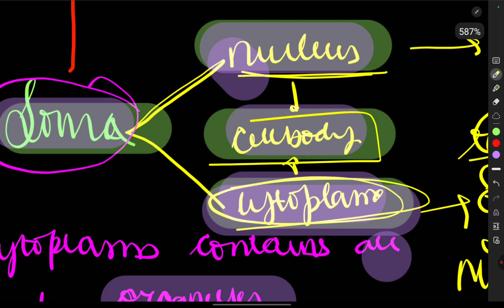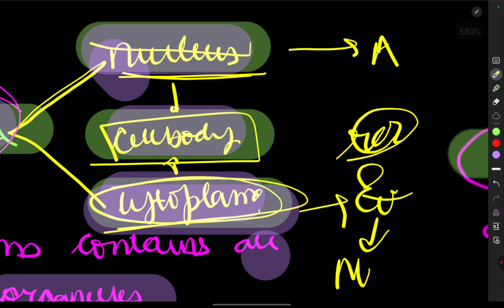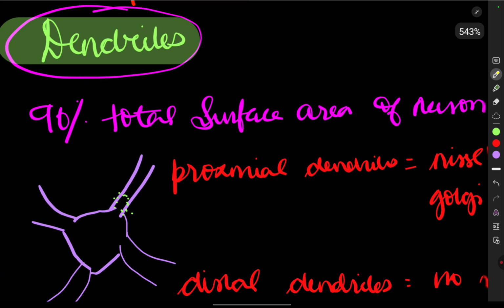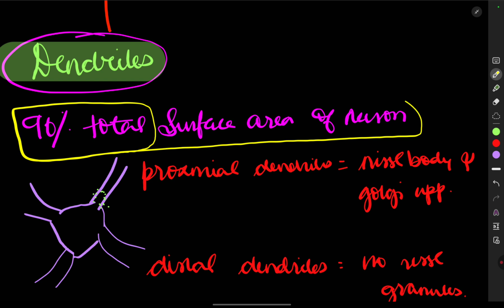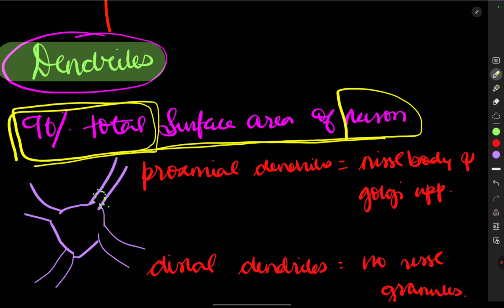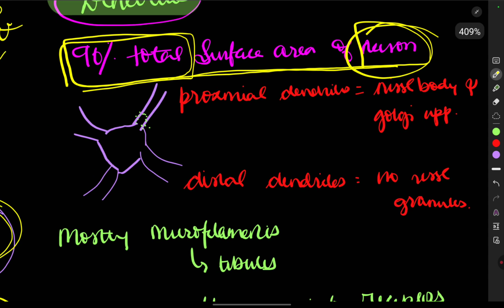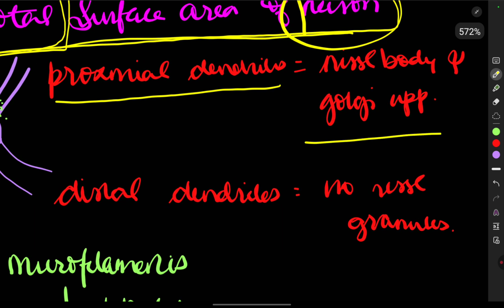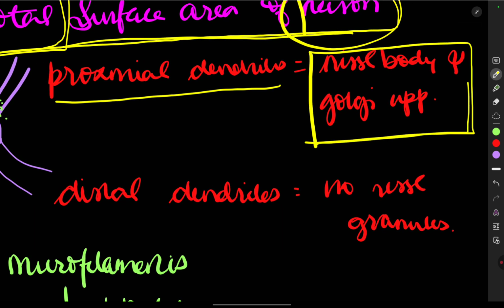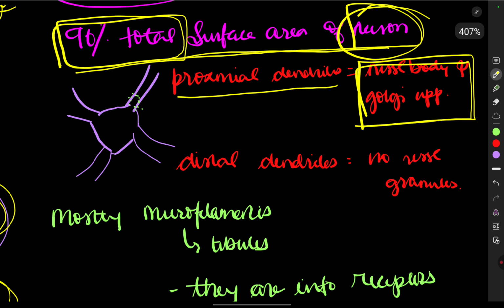It is the cell body made up of the nucleus and the cytoplasm. Now we're going to see what dendrites are. Dendrites make up 90% of the total surface area of the neuron. The proximal dendrites contain Nissl granules and the Golgi apparatus.